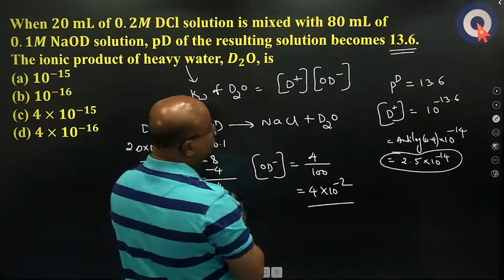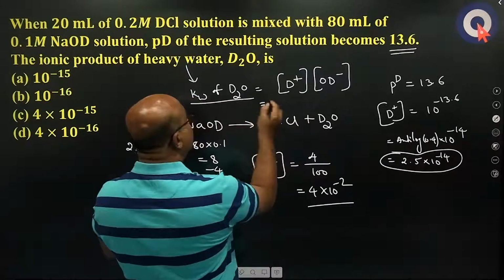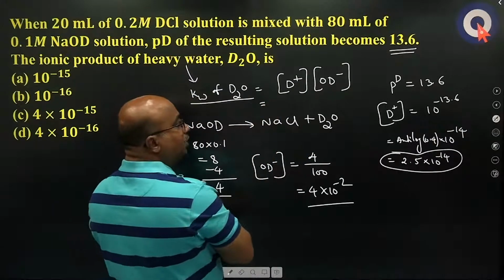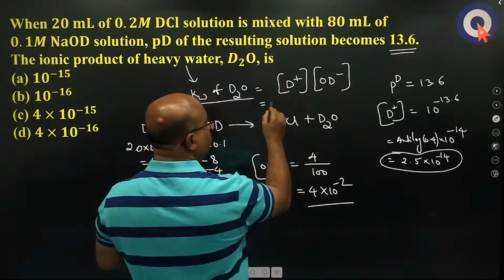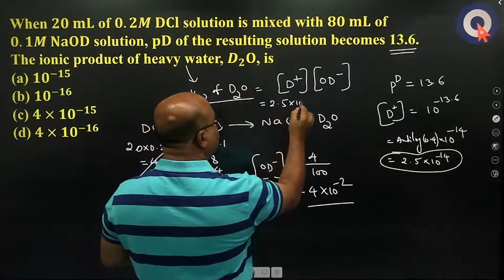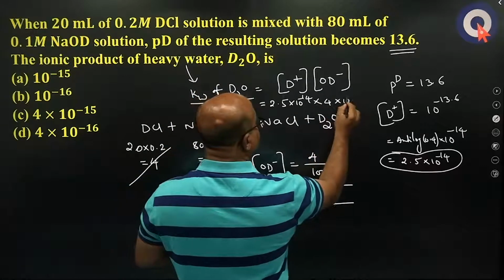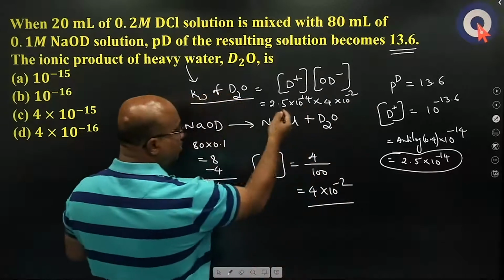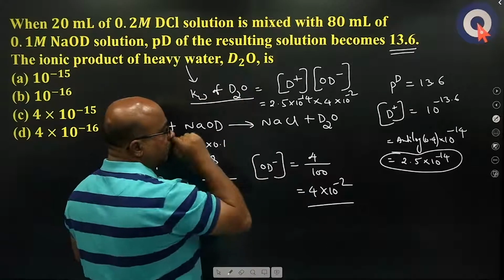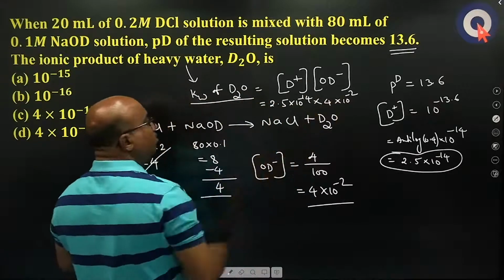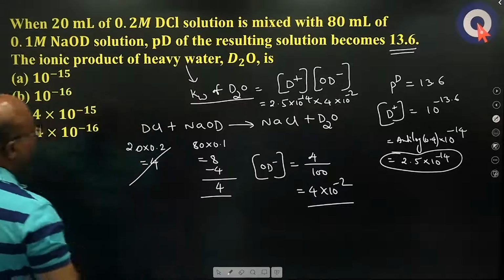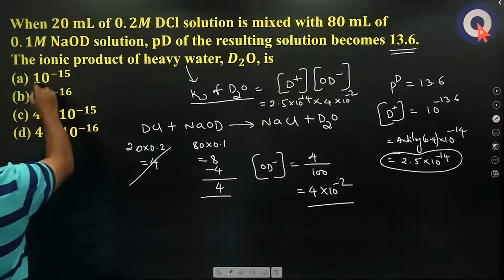So what is Kw of D2O? D plus, 2.5 into 10 to the power of minus 14, into OD minus, 4 into 10 to the power of minus 2, so it will become 10 to the power of minus 15. Clear?